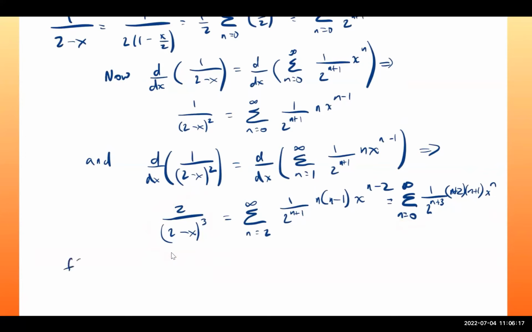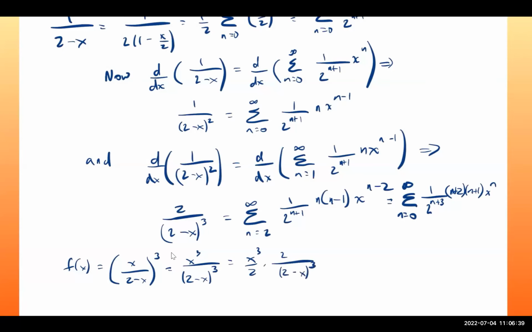So thus, we can say that the function that is originally given to us, which is this one, is the same thing as x to the third power over 2 minus x, which equals x to the third over 2 times 2.